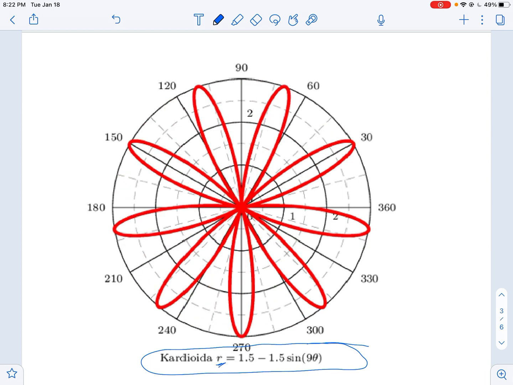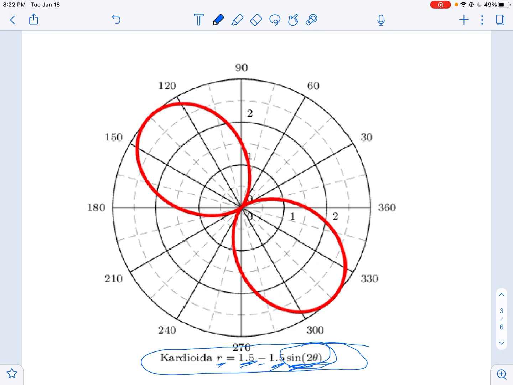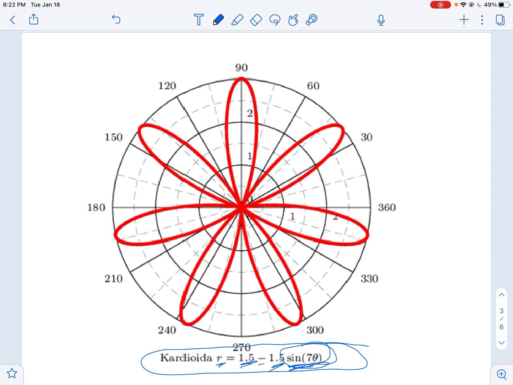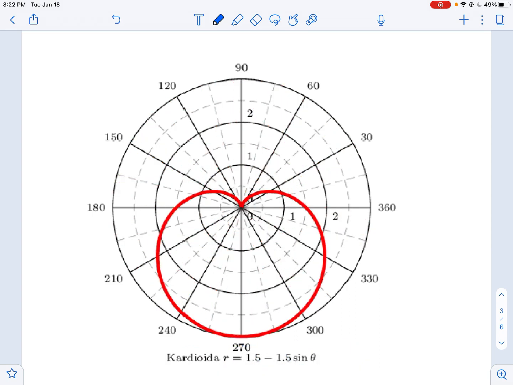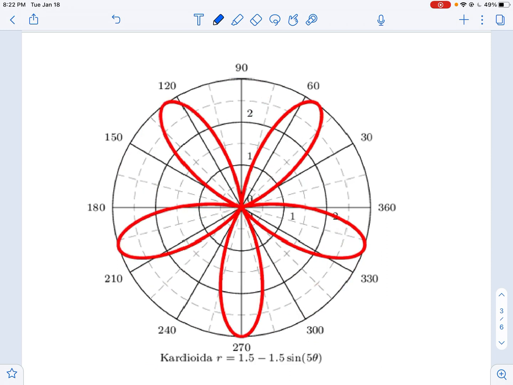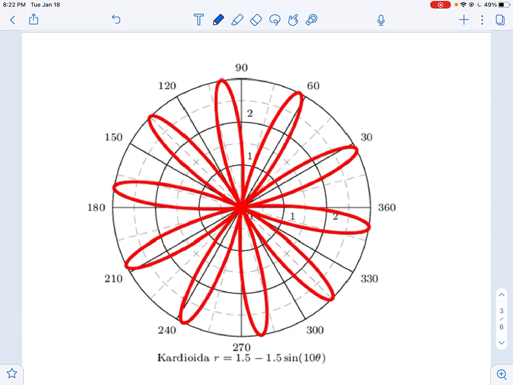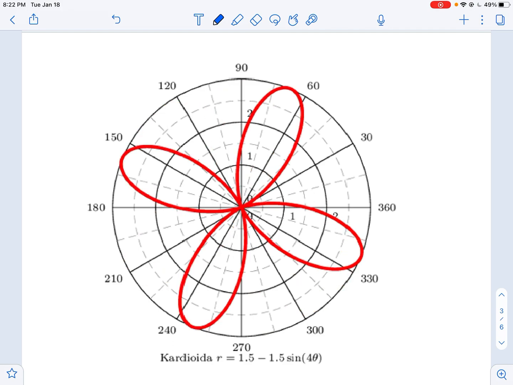The radius is 1.5 minus 1.5 times sine of theta, and whatever you have in front of theta changes how many petals there are or how many times it loops as you go around. That's a fairly simplistic looking equation, and it works. It makes these fancy looking things because it's in polar coordinates. So that's the benefit of it, you can do cool things like this.